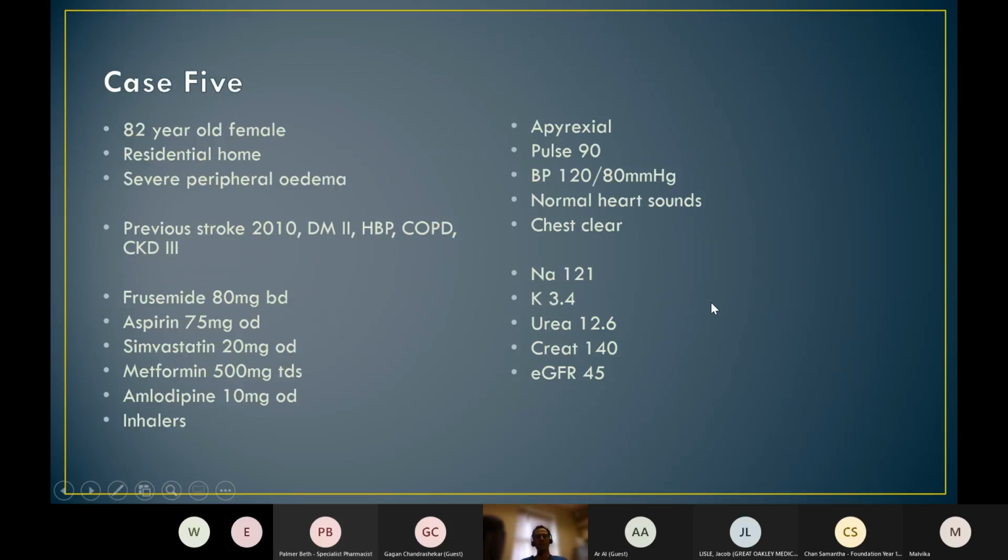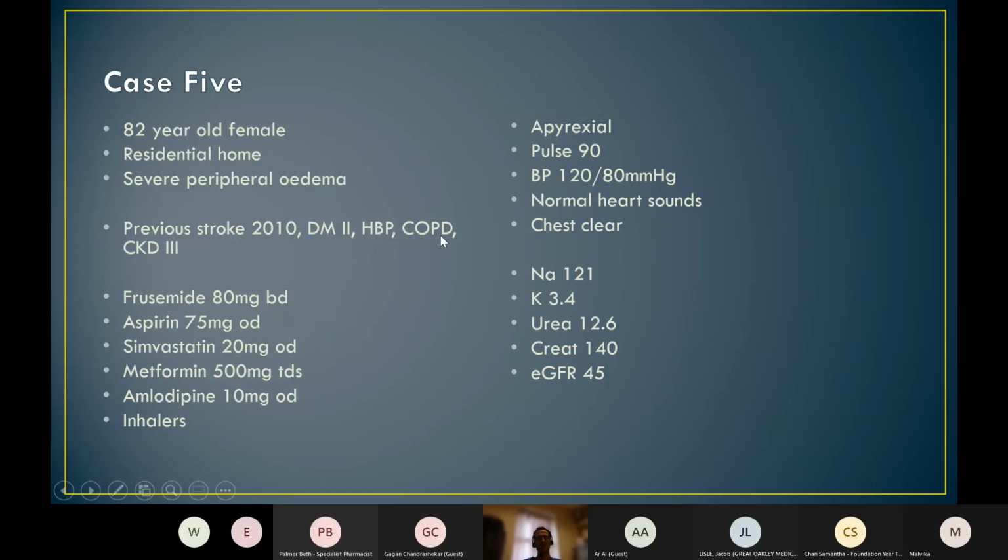Another case. So imagine now we've got an 82-year-old lady who lives in a residential home. She can walk about 50 meters before she has to stop with general fatigue. But in the last month or so, she's got progressive severe peripheral edema. She's got a lot of comorbidities. She's had a previous stroke in 2010. She's a type 2 diabetic.